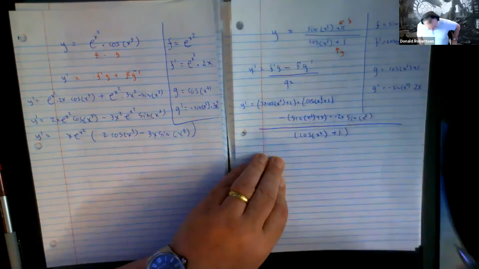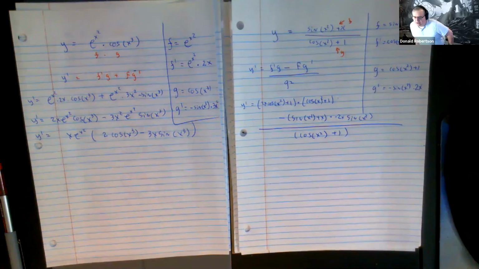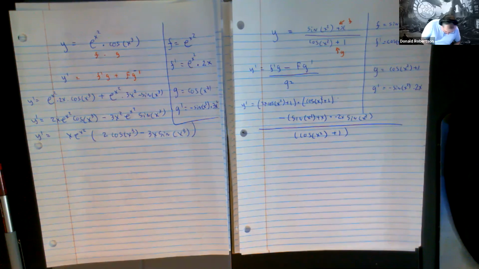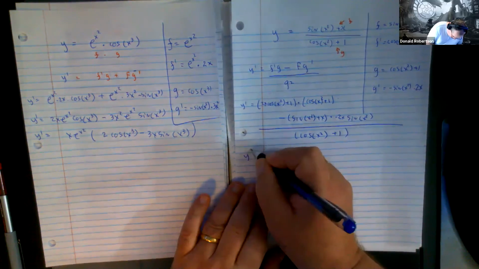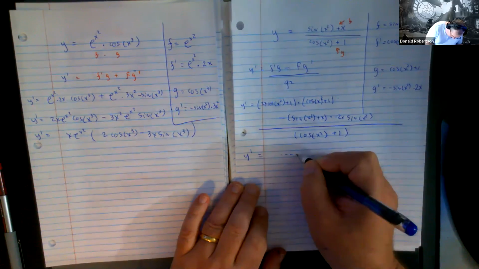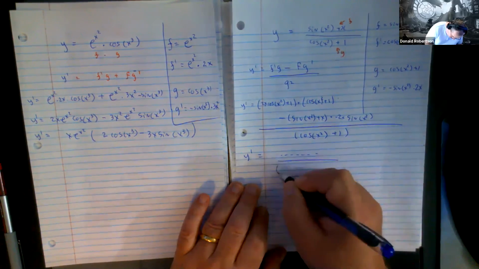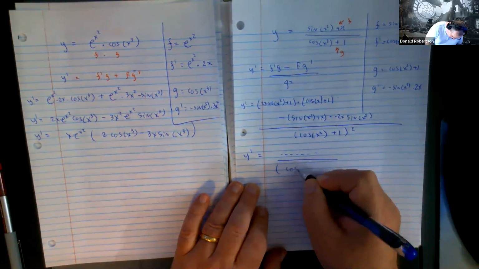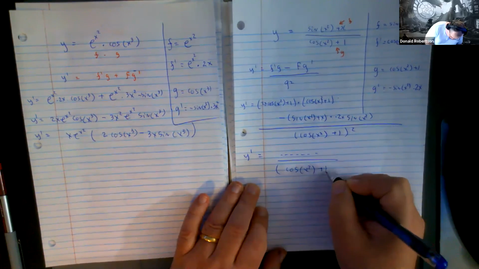I should have thought this one out before I picked it. It is ugly, ugly, ugly, ugly. I'm not even sure I'm going to get much out of this. So I'm just going to say dot, dot, dot, dot, over the cos of x squared plus 1 squared.